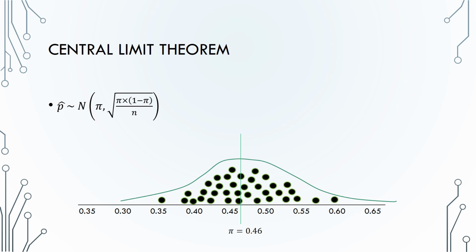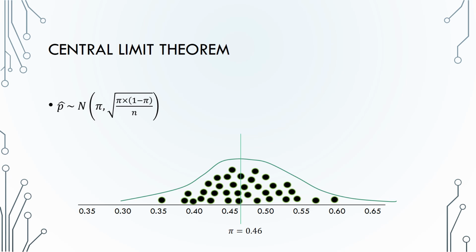That means, even with the one single sample we usually take, we know that if we took many samples, the distribution would be normal, with mean pi, and we know that its standard deviation will be found through the square root of pi times 1 minus pi divided by n.